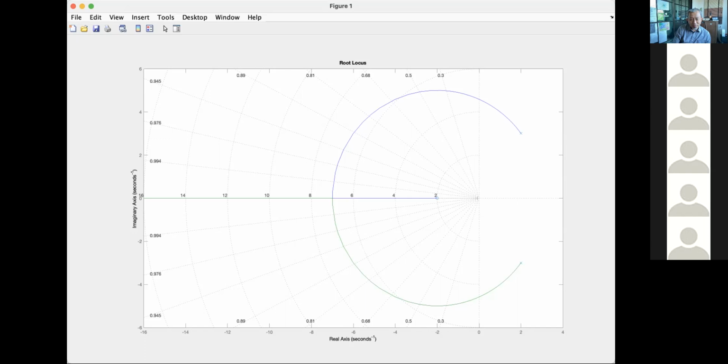Correct or not? Correct. The root locus also has a break-in point. So what is the value of the break-in point?